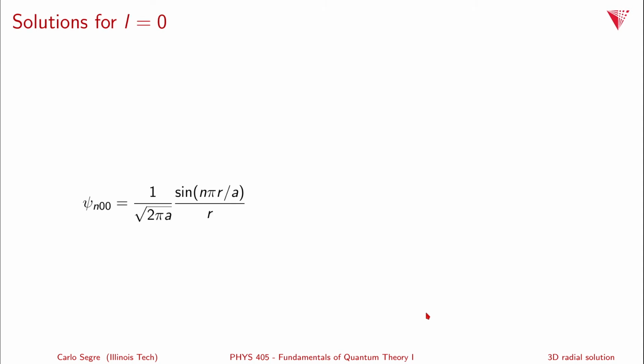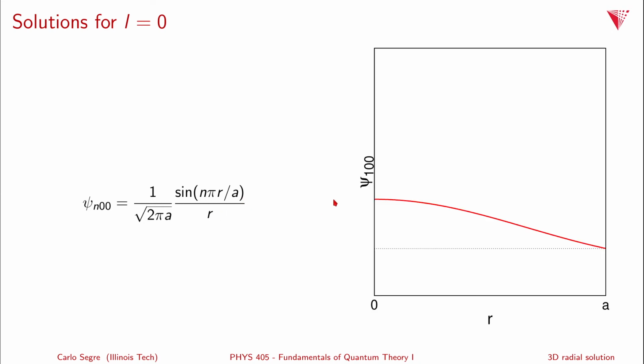We can graphically see what these look like. So this is psi n00 equal to 1 over the square root of 2 pi a, sine of n pi r over a divided by r. And if we plot psi 100, it just looks like a smooth curve going to 0 at a and no nodes.